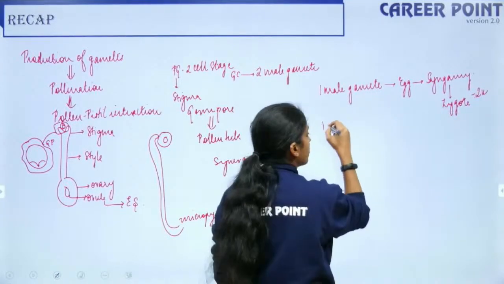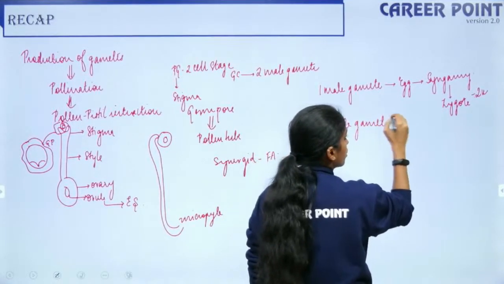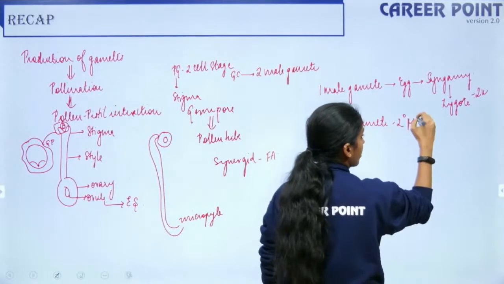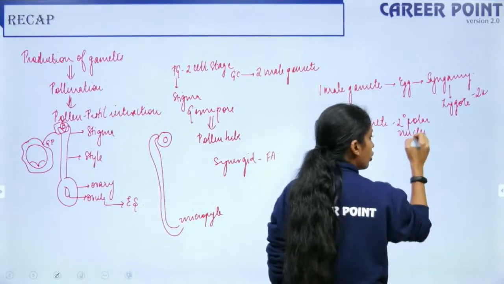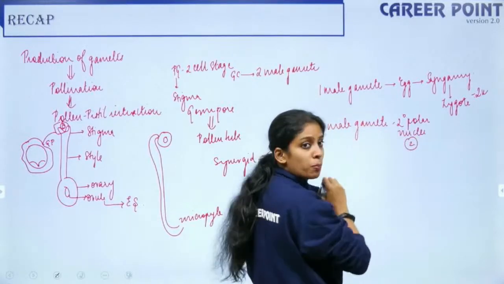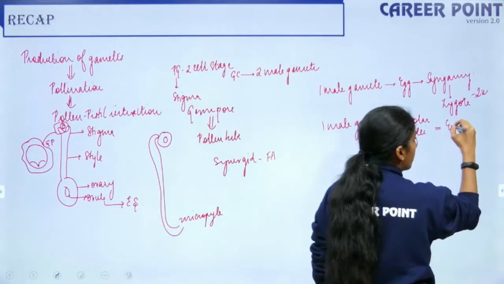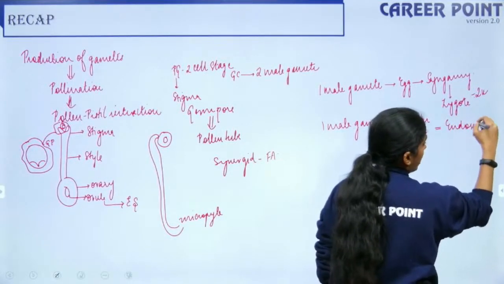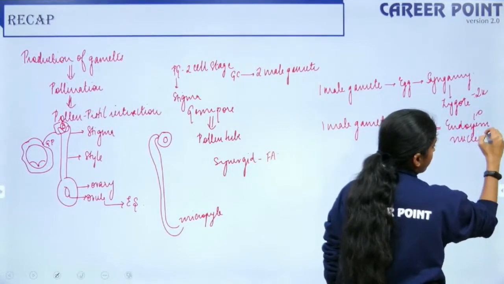Okay, the other male gamete fuses with the two secondary polar nuclei. So here I have two nuclei. So 2 plus 1, it becomes 3. So it becomes the primary endosperm nucleus.